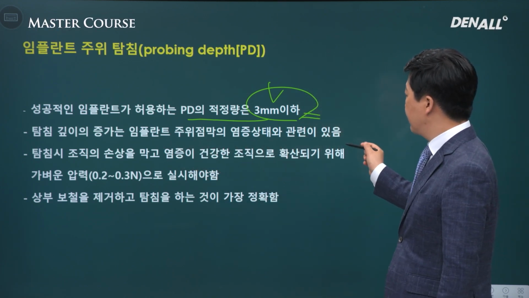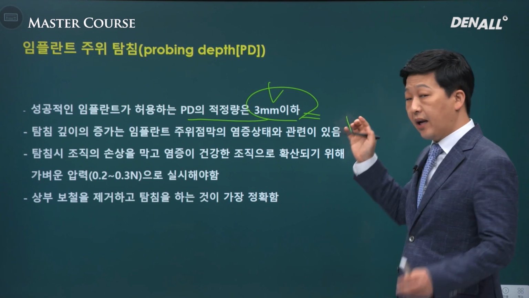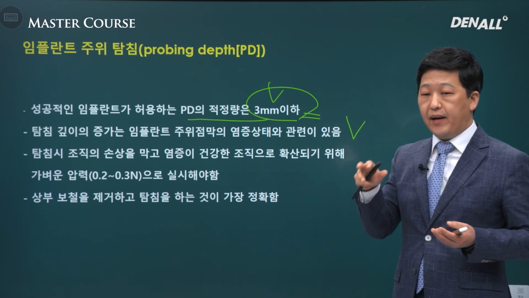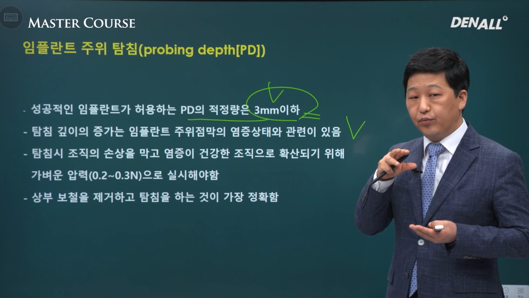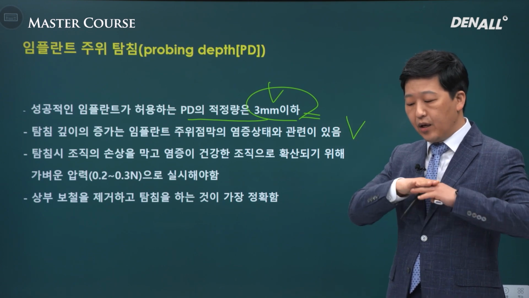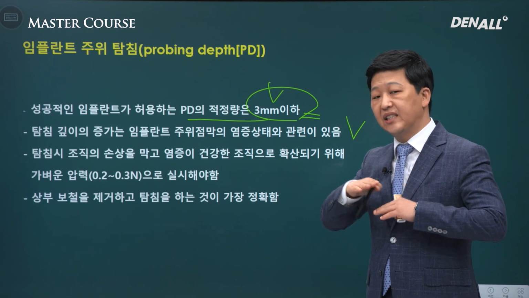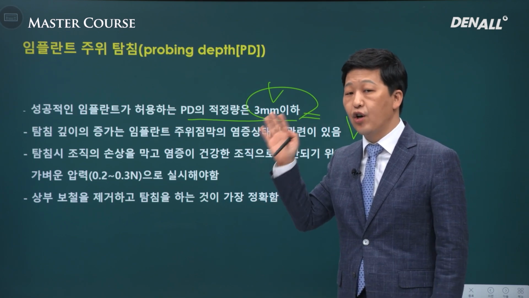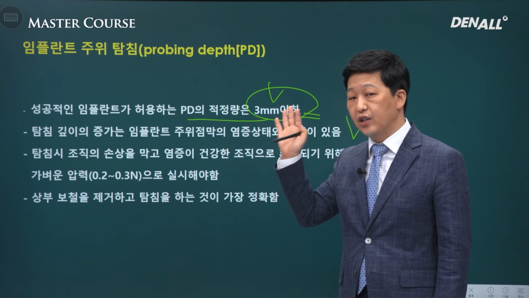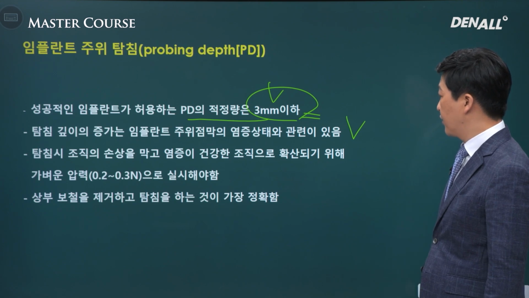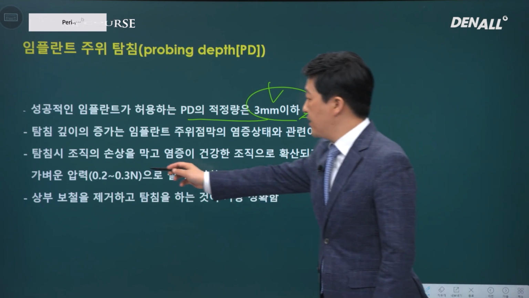Increase in probing depth can be related to mucositis around the implant. From the point where the final implant prosthesis is completed, whether probing depth is increased or maintained can be more important. We need to look at the pattern, rather than the absolute figure.